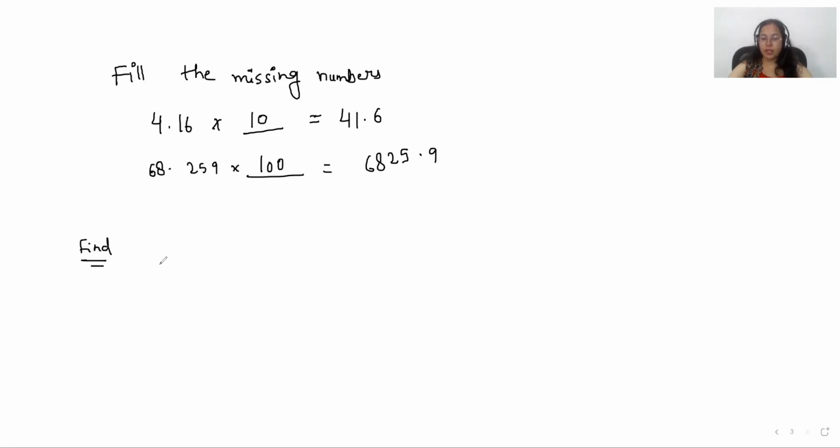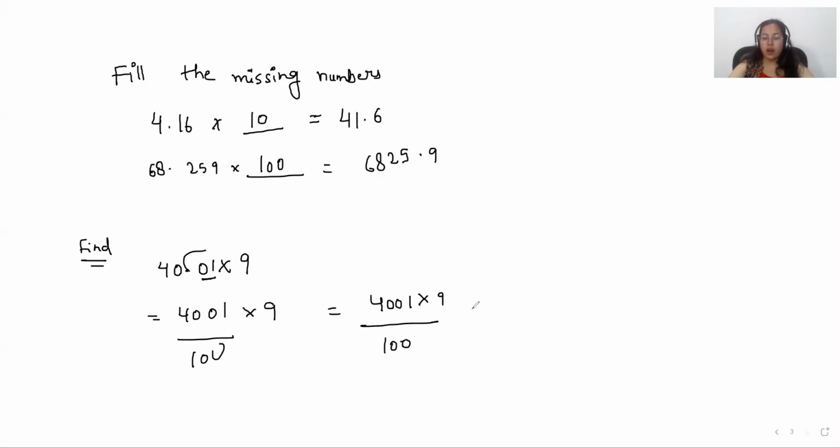Suppose you have to find the multiplication of a number like this. There are no zeros at the end. So how can you solve it? Like this. Just remove the decimal and put the number of zeros at the end. How many digits are there after the decimal? 2. So there are 2 zeros. Multiply by 9. So simply multiply 4001 with 9 and then over 100.